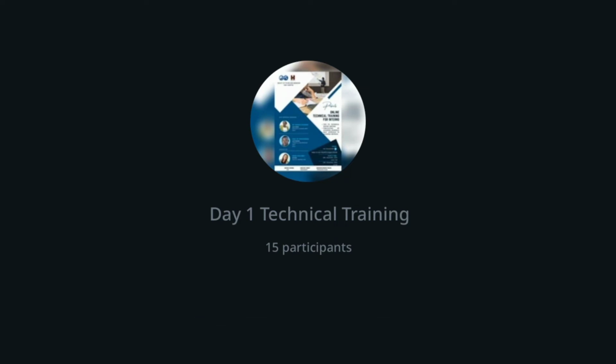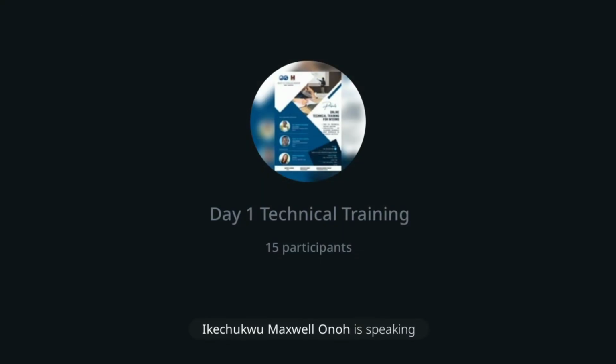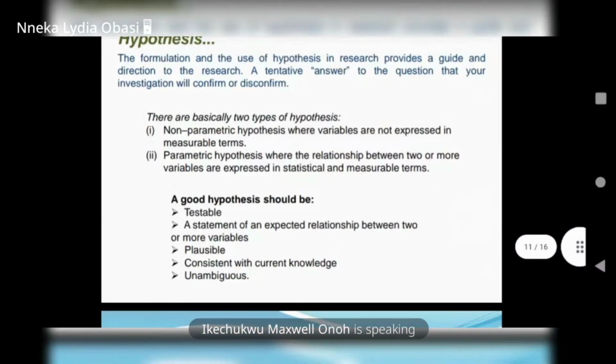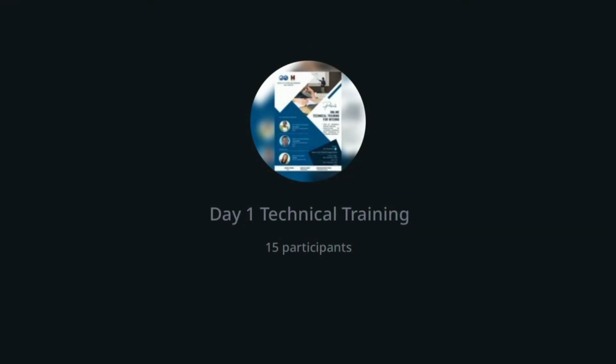Now, for you to have a good hypothesis, that hypothesis must have the following features. One, it must be testable. Two, it must be plausible. Three, it should be a statement that will establish relationship between two or more variables.